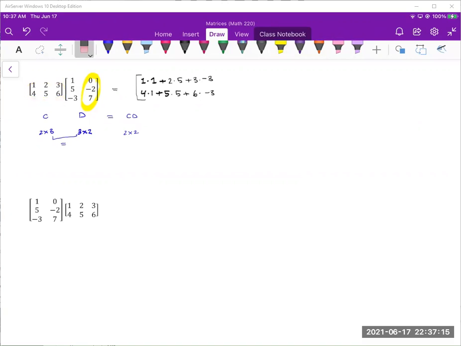So to find the entry that lives in row 1, column 2, oopsie, we're going to take row 1 of the matrix on the left with column 2 of the matrix on the right. So we have 1 times 0 plus 2 times -2 plus 3 times 7.